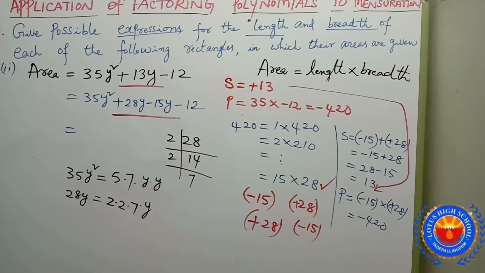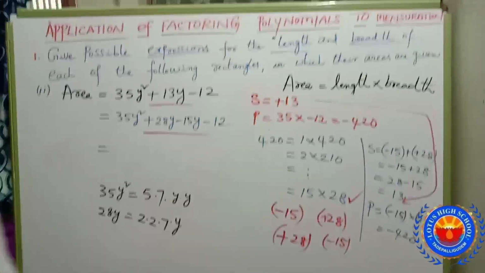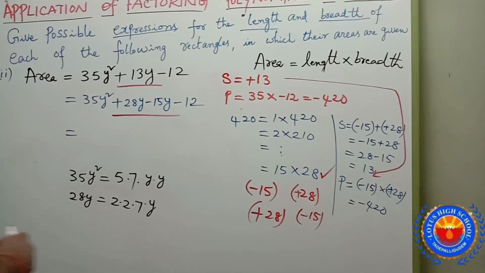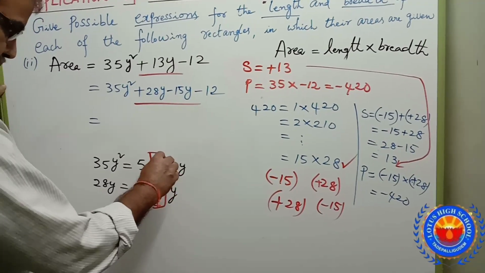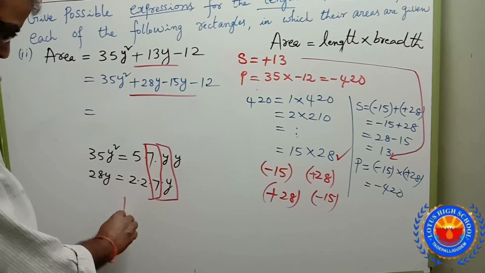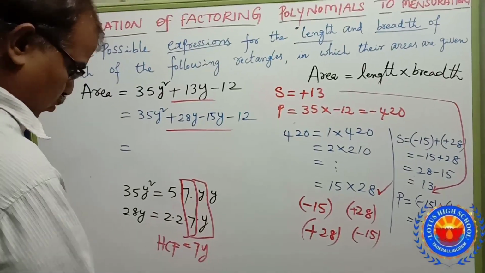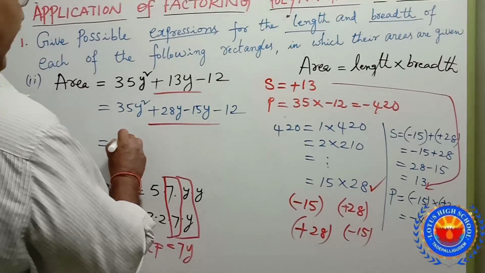So now here 7 is common and y is common, that's why HCF is equal to 7y. So I can write 7y.